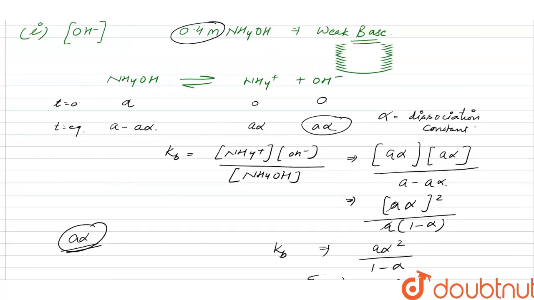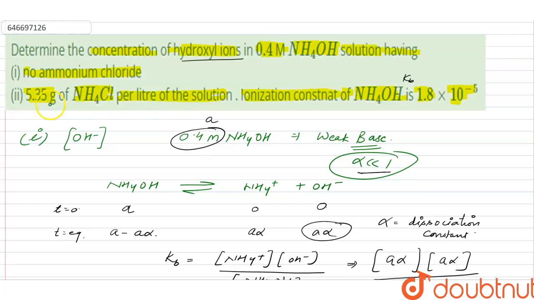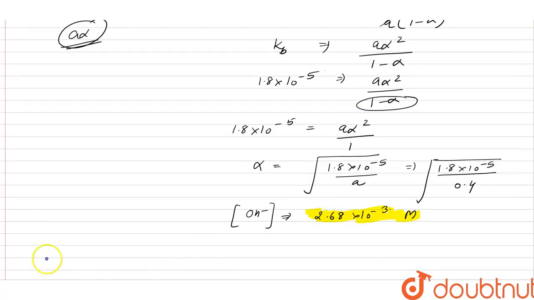Part B says that when 5.35 gram of NH4Cl per liter of solution is added. Since NH4OH is a weak base, when we add this salt NH4Cl into it, this NH4Cl is a strong electrolyte.